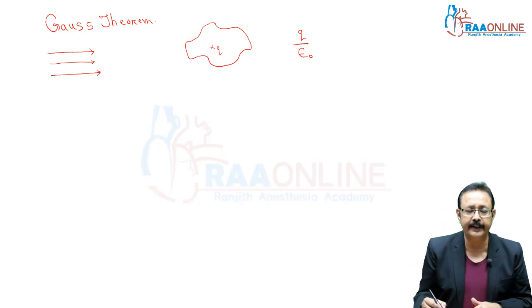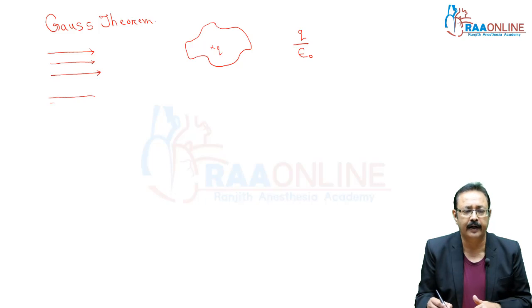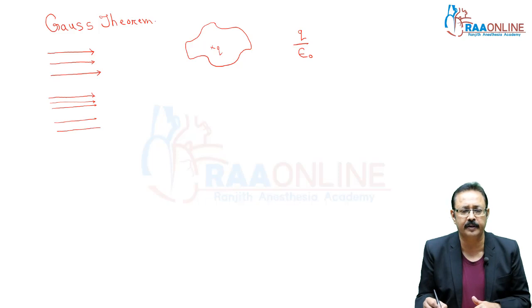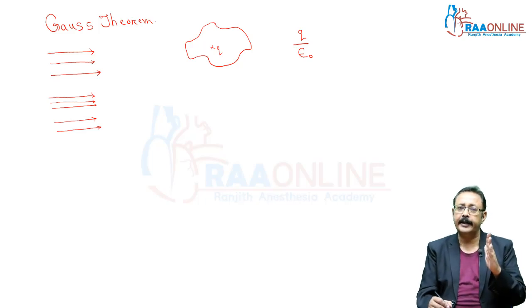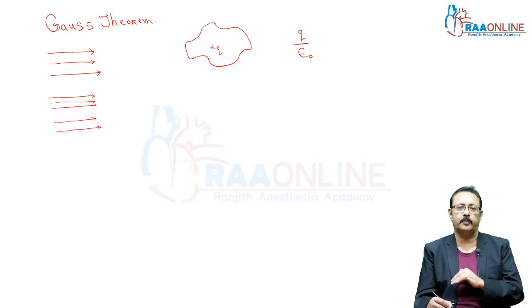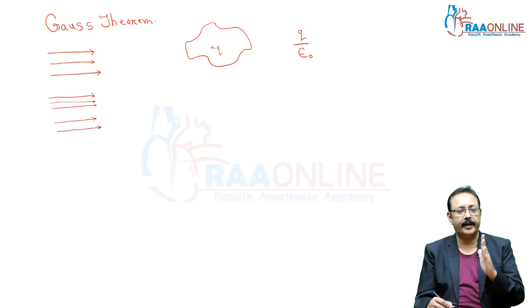If they are parallel but not equidistant, at some places they are very close to each other and at some places they are at some distance from each other. So in terms of direction the electric field is uniform, but in terms of magnitude it is not uniform.